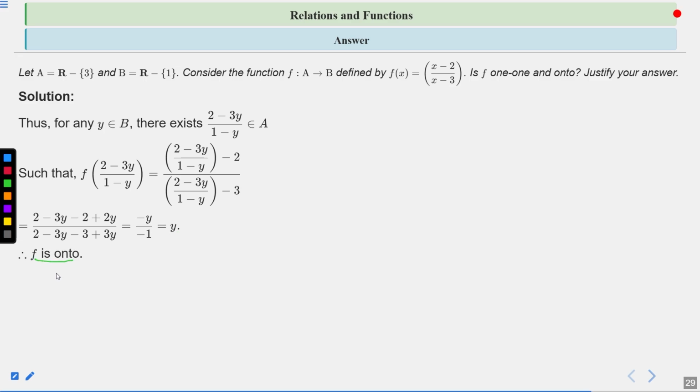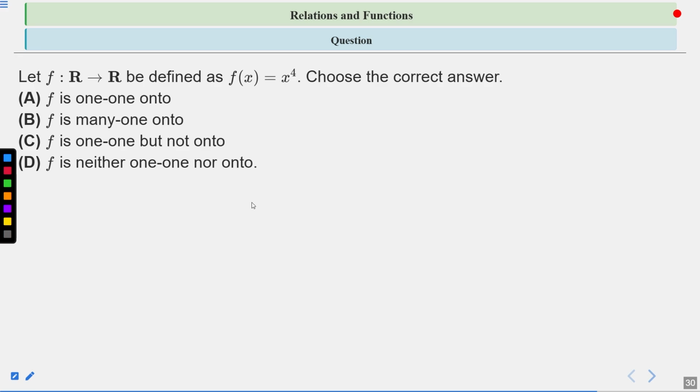Therefore, f is onto. So for any element from the codomain set, we have an x of this form, which belongs to the domain set, such that f(x) is y. Hence, our function is one-one as well as onto, meaning bijective.